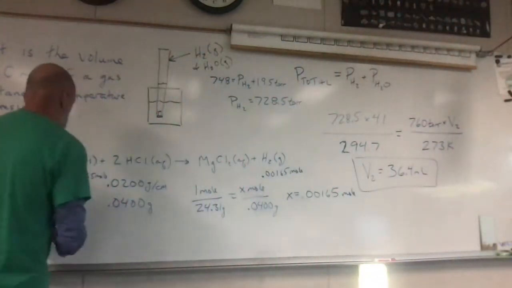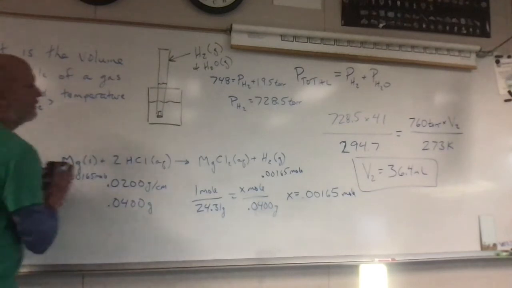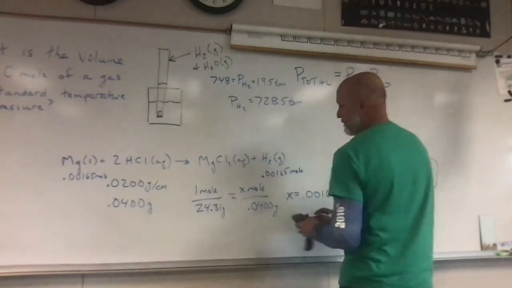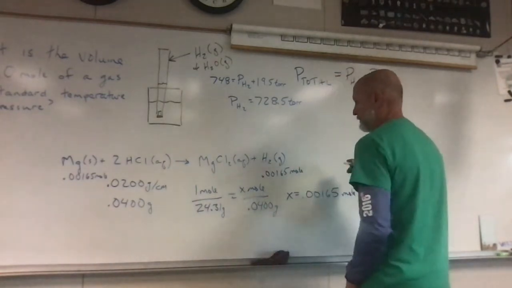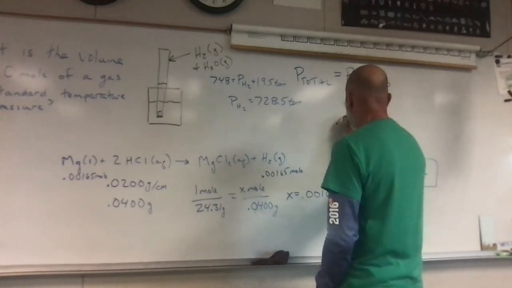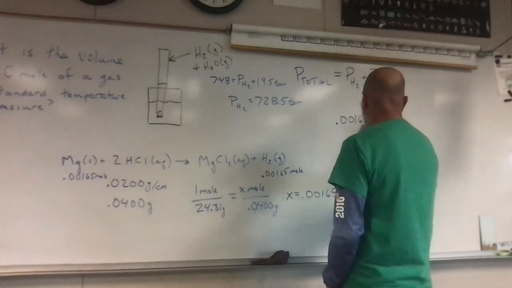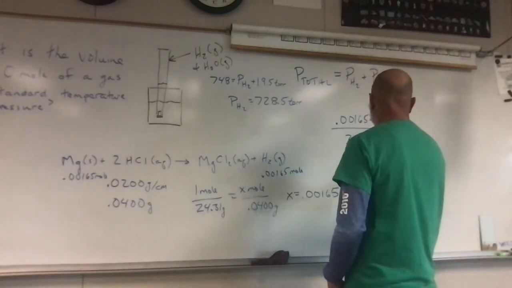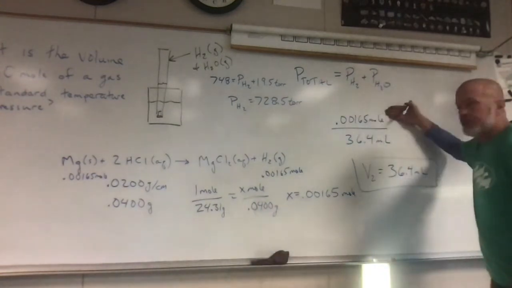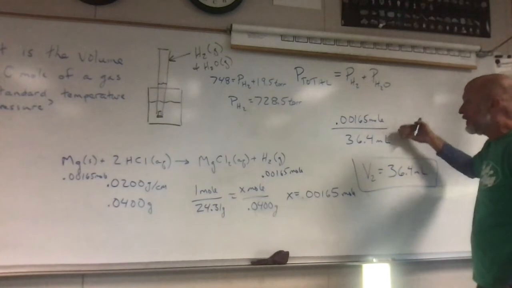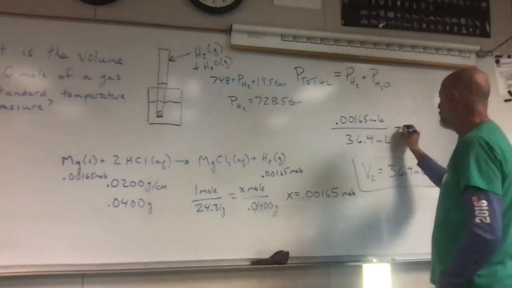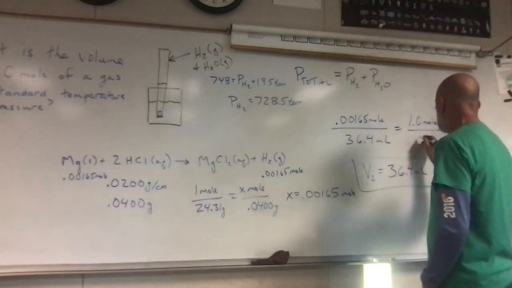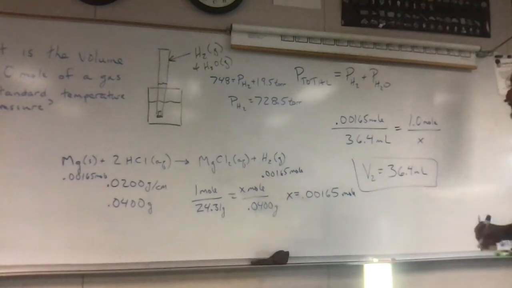So, simple ratio. Let's work over here. If this quantity of moles, 0.00165 moles, occupies 36.4 milliliters, 1 mole would occupy X, or V, the volume of 1 mole.